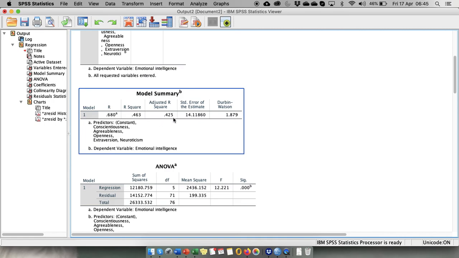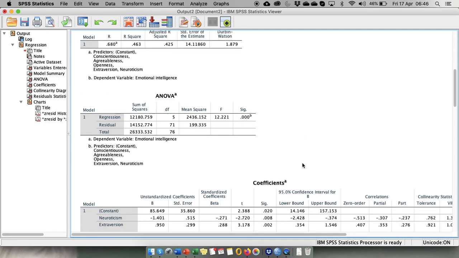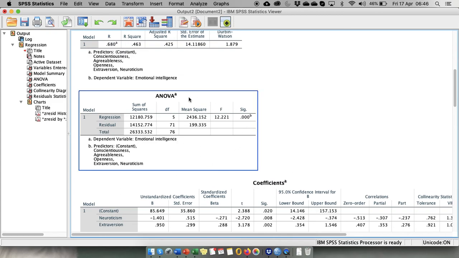Report these statistics in order to gain all the information you need from this analysis. The Durbin Watson test will be reported when you talk about how your data meets the assumption. R squared is how much variance the model as a whole explains in the dependent variable. Because regression belongs to general linear models, it also provides you the output for the ANOVA.